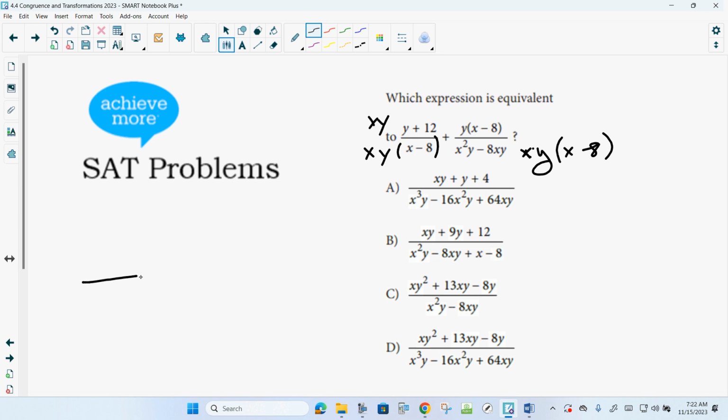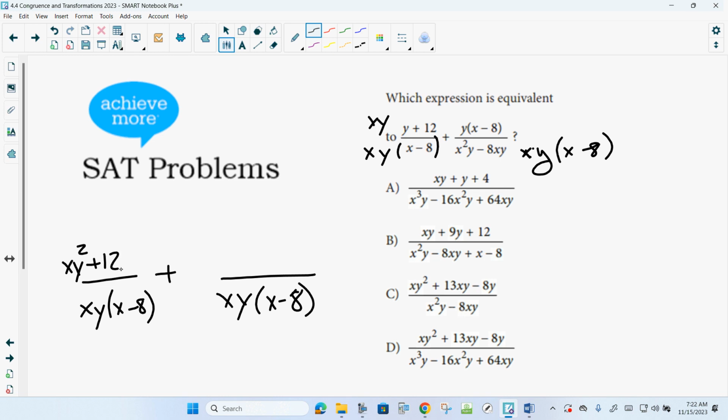And so now, using a common denominator, I have xy(x minus 8) and xy(x minus 8). And on the top, I'd have xy squared plus 12xy. And over here, I'd have xy minus 8y.